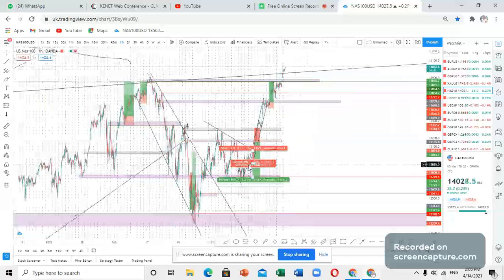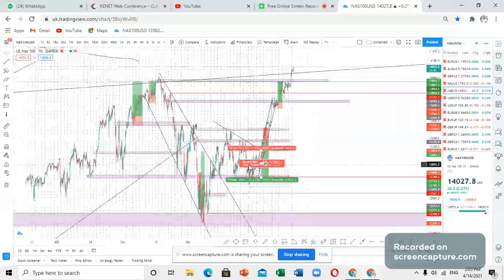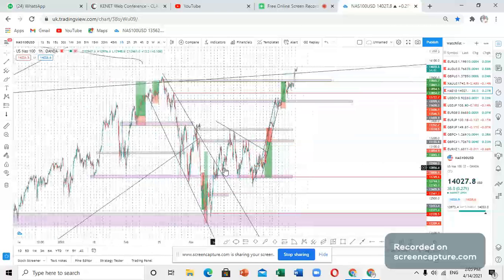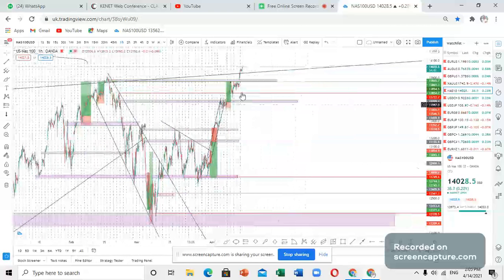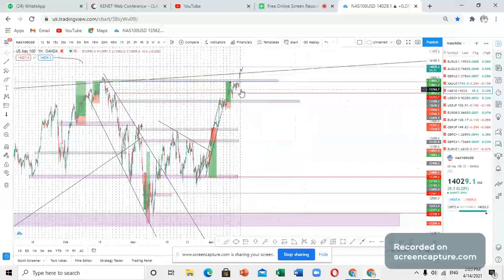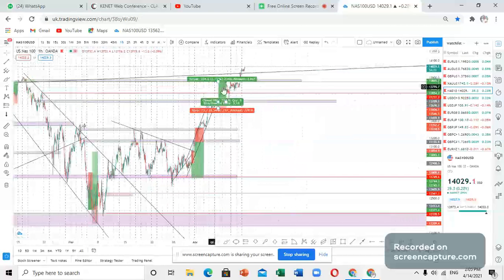So this is the general view of NAS 100. We had a kind of consolidation at this point where I was still expecting a breakout, only that I did not notice the breakout at the right time.